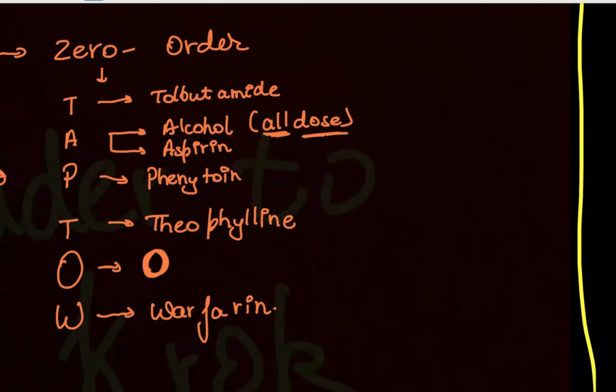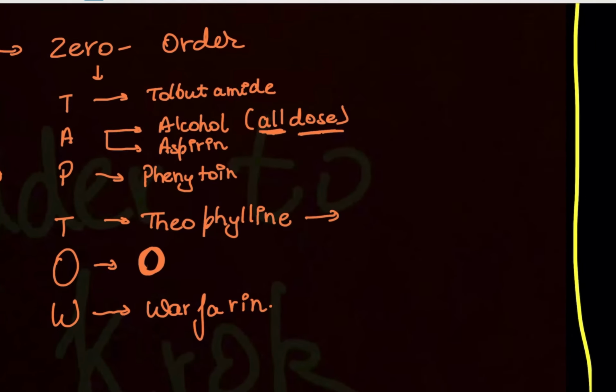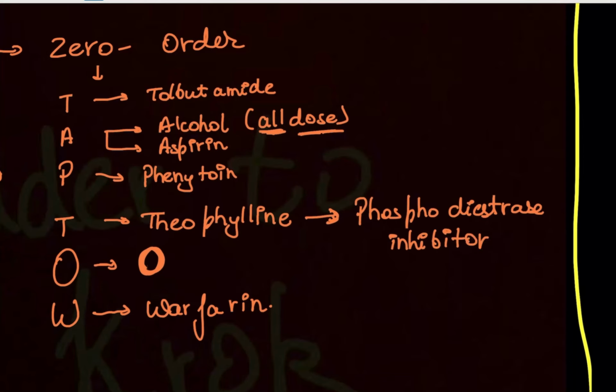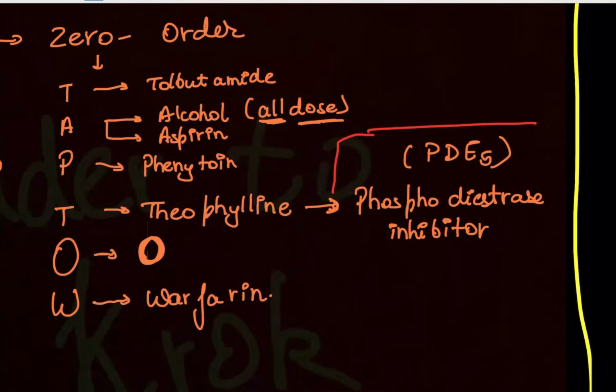Now I want to tell you one thing as HOTS, higher order thinking skill. Theophylline is a phosphodiesterase inhibitor, we also call them PDE5 inhibitors. What does phosphodiesterase usually do?